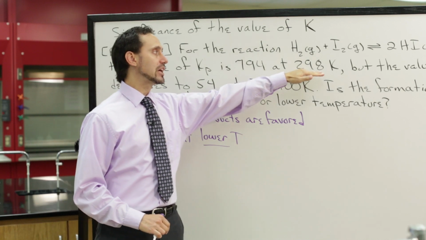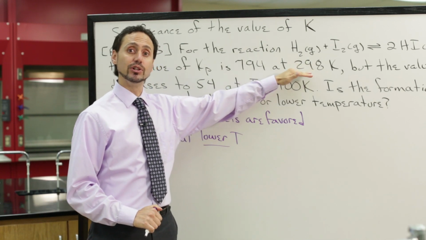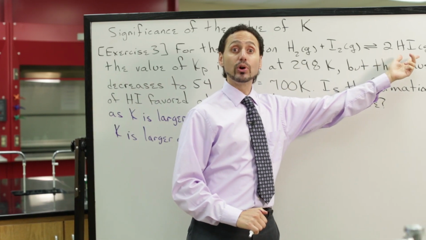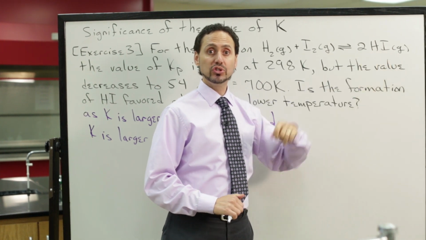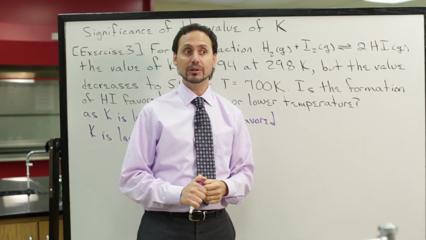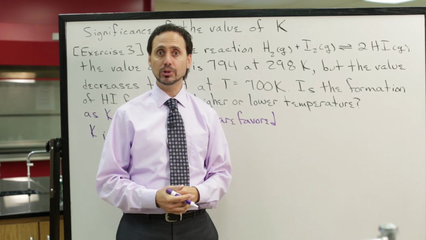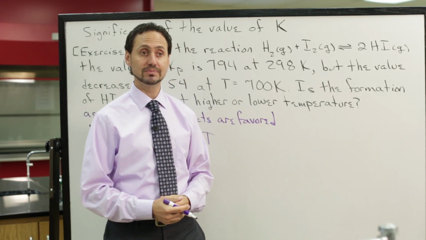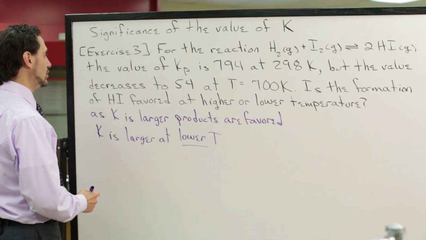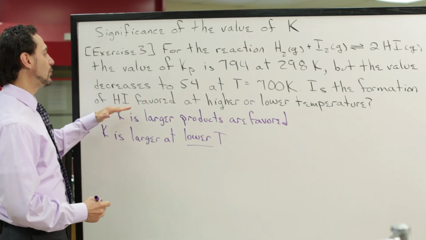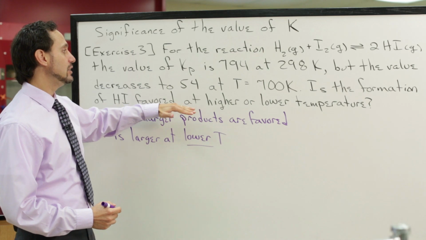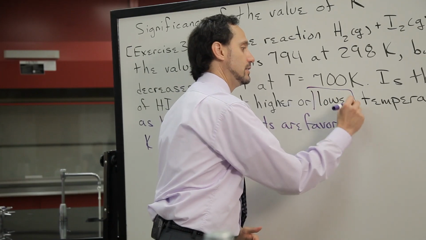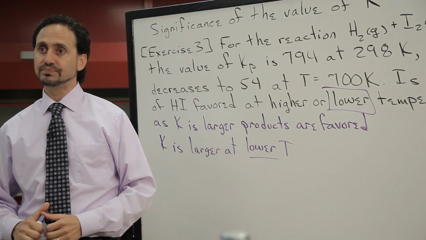So if we keep the reaction at a nice, comfortable room temperature, we're actually going to get more product produced that way, which is good news for your employer because employers don't like to do things at higher temperature because it costs money to raise the temperature for reactions. So the answer for this question is that the formation of hydrogen iodide is favored at lower temperature.